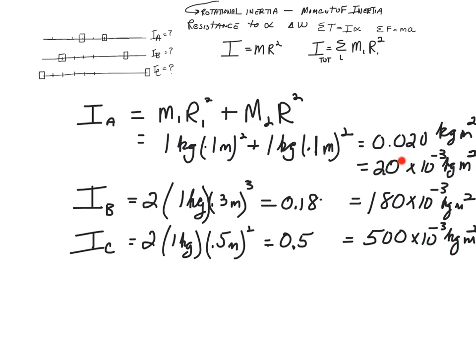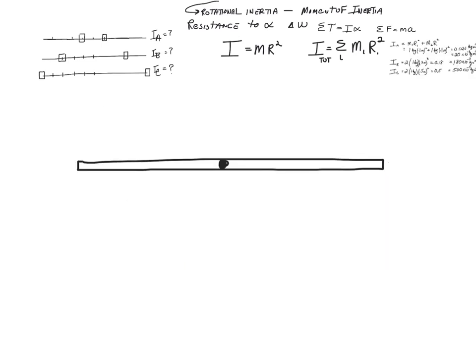So this is, I don't know how many times bigger, 25 times more inertia when it's out here than here. And if you could actually see this in lab, you would see this is very easy to twist, and this is very difficult to twist. It has much more inertia. Okay, so that's how we can deal with point masses. Let me pause and come back.